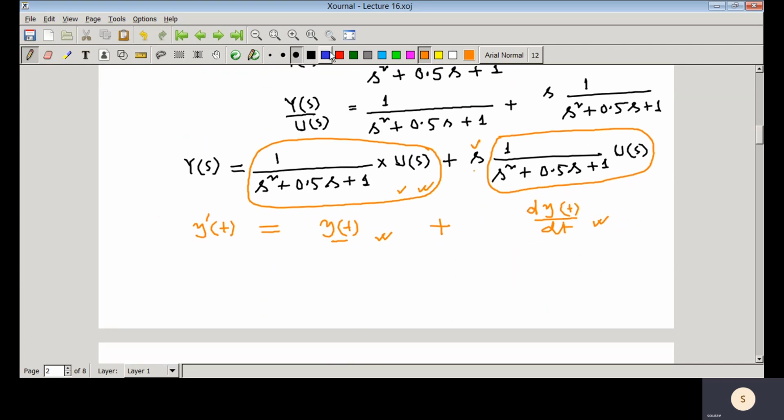Suppose that G(s) equals s plus a divided by s square plus twice zeta omega n s plus omega n square, and to normalize we need to multiply with 1 by a.